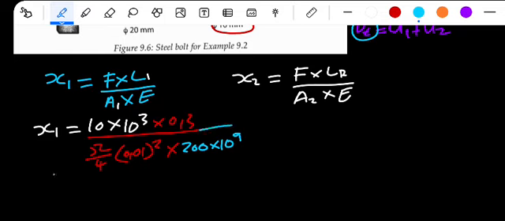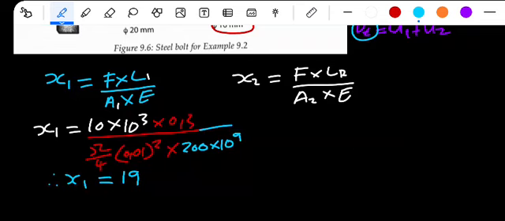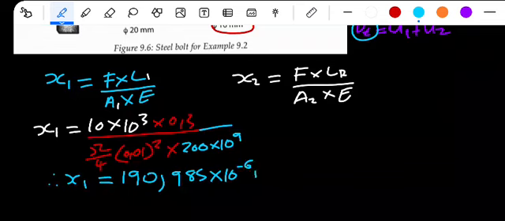Therefore extension 1 will be equal to 190.985 times 10 to the power of minus 6 meter.